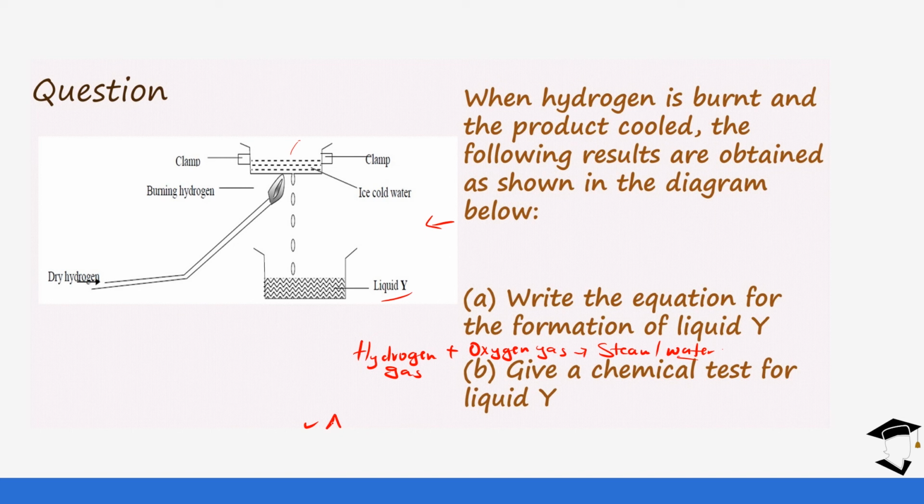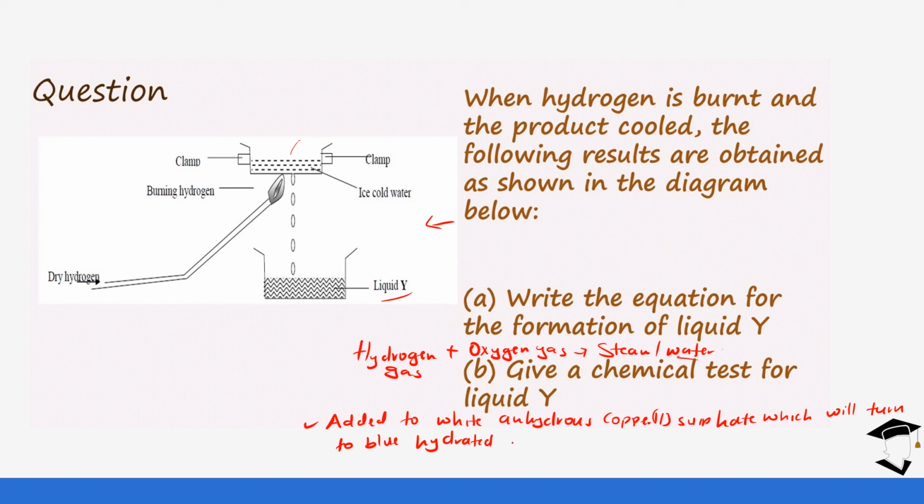A few drops are added to white anhydrous copper 2 sulfate, which will turn to blue hydrated copper 2 sulfate.